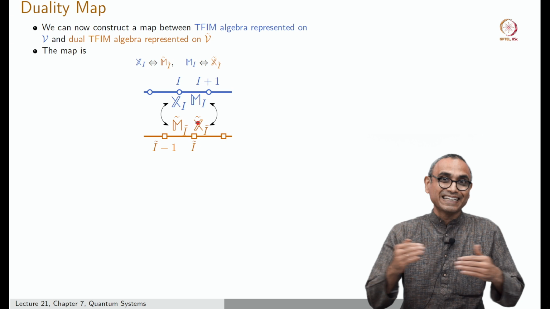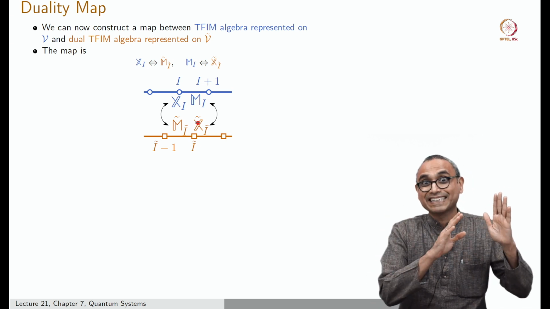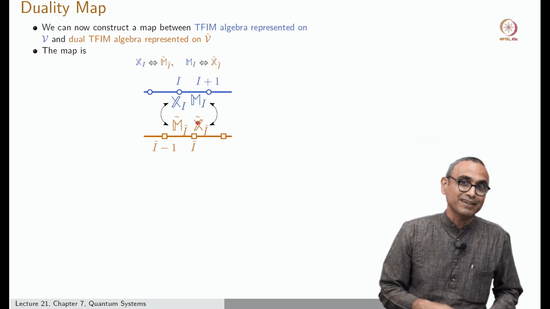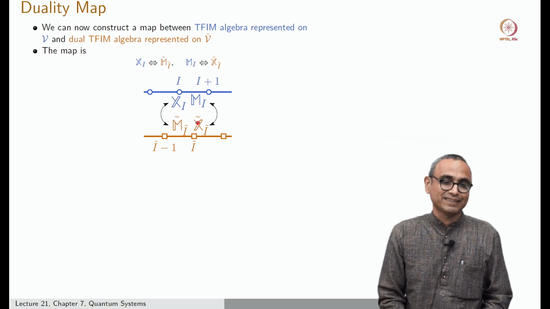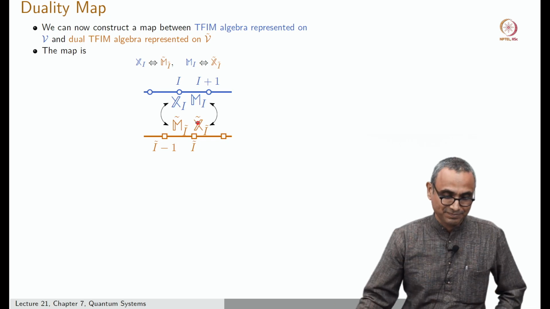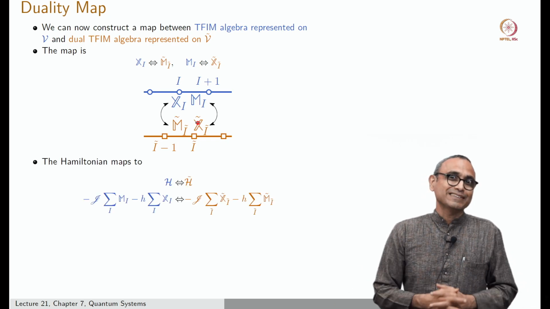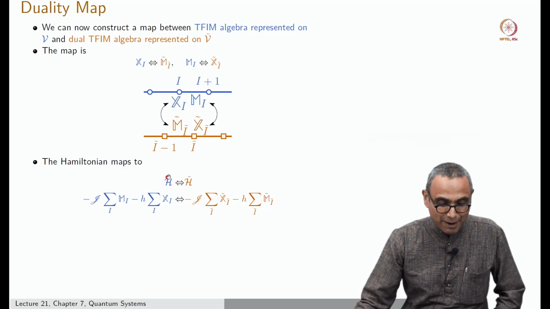So I have made this one-to-one correspondence between the generators of one representation of the algebra and the generators of the other representation of the algebra. So it's a correspondence between generators. If I do this, I can immediately find what happens to my Hamiltonian.